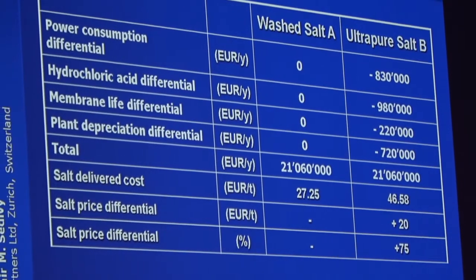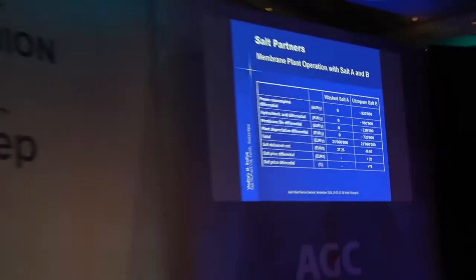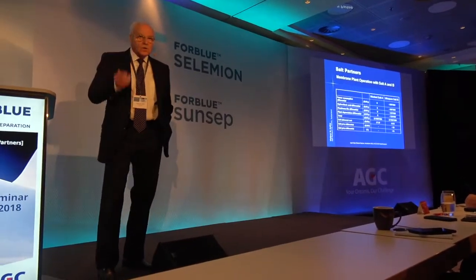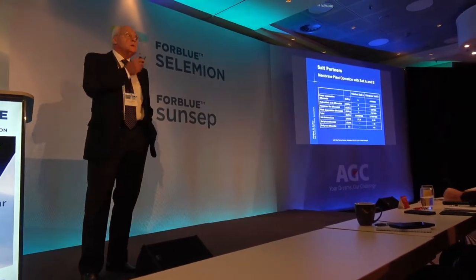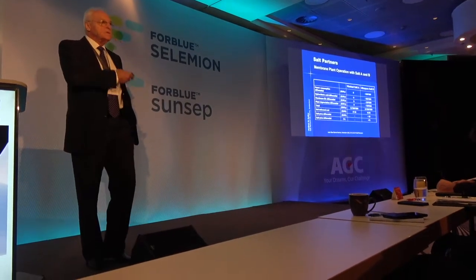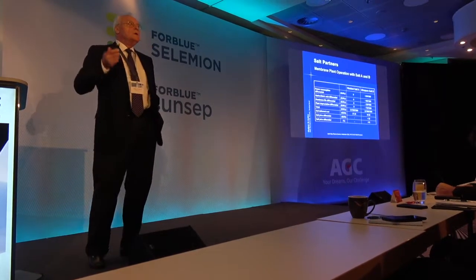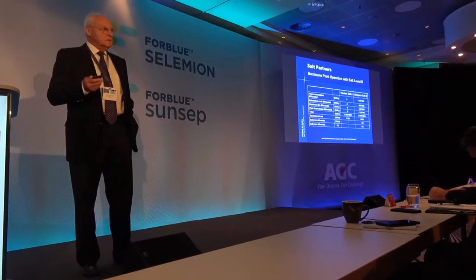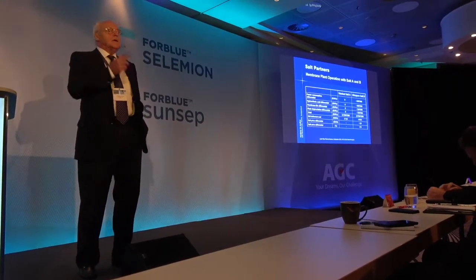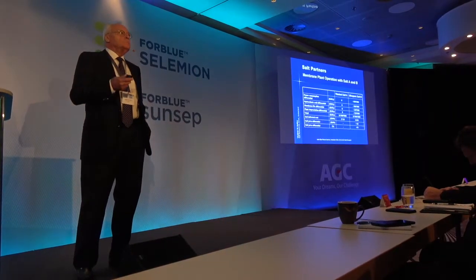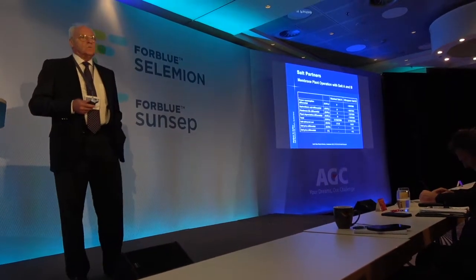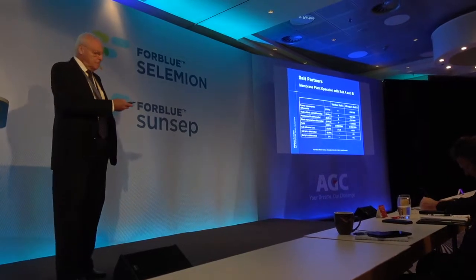This all has to do not with the brine purification in the caustic chlorine brine, but with the brine purification and salt handling in the salt plant. So 20 euro per ton is what can be obtained as an advantage with good quality salt.